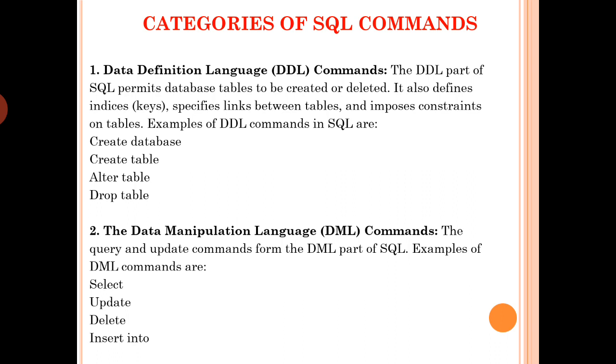It also defines keys, specifies links between tables, and imposes constraints on tables. Examples of DDL commands in SQL are: create database, it creates a new database; create table, it creates a new table; alter table, it modifies a table; drop table, it deletes a table.